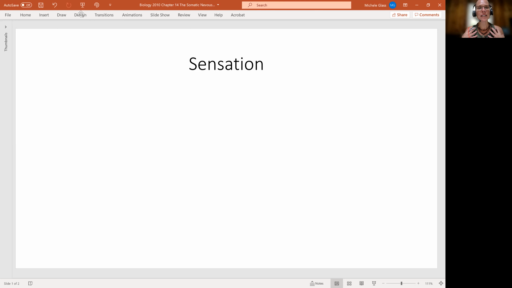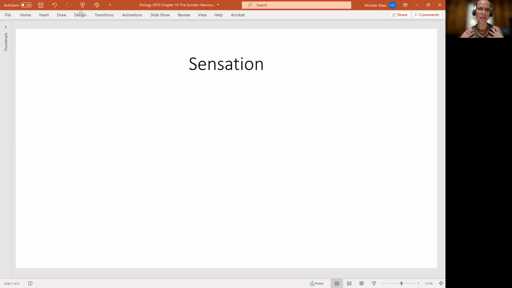And so let's start with this idea of the nervous system, remember, as a communicator. And so the beginning part of quality communication is listening, right? Collecting data, collecting information. And so we're starting here with sensation.